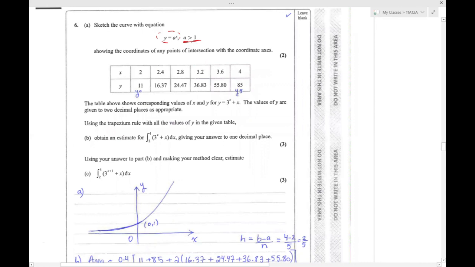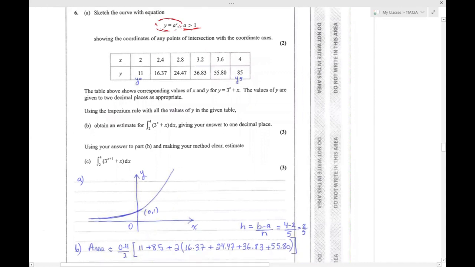Therefore, you know that when x is 0, y equals a to the x, so y is 1. x is 0 means it's the y-intercept, so it's going to pass through the point 0, 1.